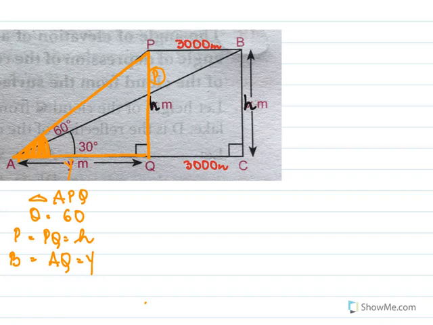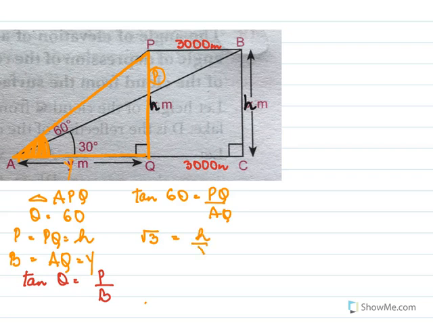So we start with tan theta, perpendicular over base. So we have tan 60, perpendicular PQ, base AQ. Tan 60 is root 3, h over y. So h equals root 3 y. My whole strategy in this sum is to equate for h.